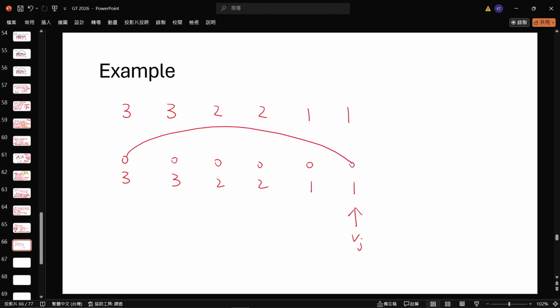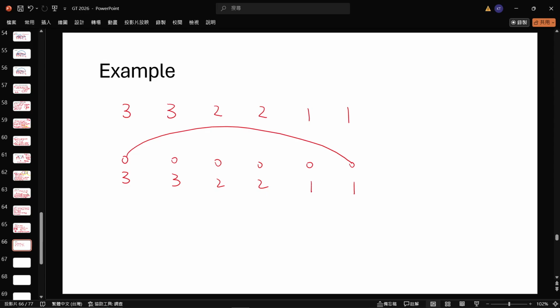Okay. So now we see that we've solved the issue that these small degree vertices cannot be connected to the main component of the graph, okay? So that's the first round.